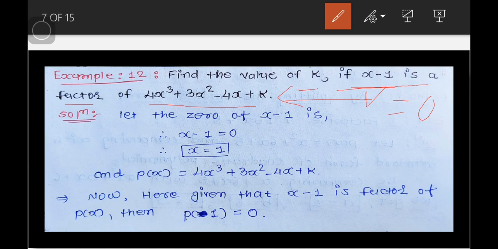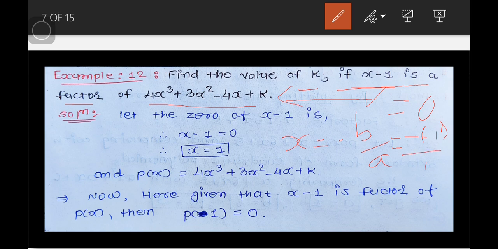So now we find the zero of x - 1. Let x - 1 = 0, or you can also find it by the formula x = -b/a. Here b is -1 and a is 1.